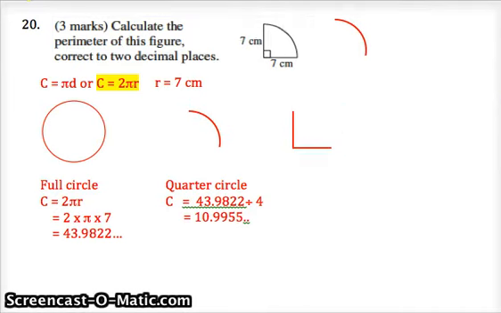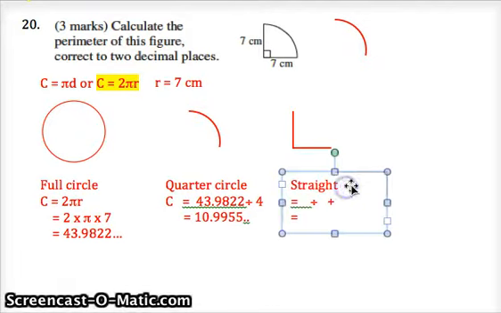So my straight line bits are 7 plus 7. So I'm just going to write that out now. So my straight lines, I'll just put that down here. So the straight lines are 7 plus 7, or you can do 7 times 2. So there's 7 plus 7, which is 14 centimeters. So they're my straight line bits.